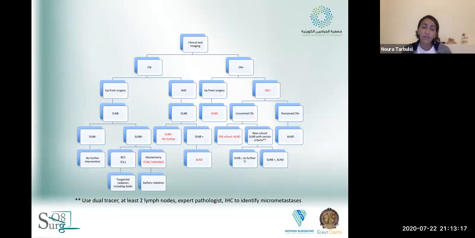If I can fulfill these criteria, then it is safe to do sentinel lymph node biopsy, and if it's negative, no further surgery. If it's positive, we proceed to dissection. Why? Because we are talking about disease that survived chemotherapy.